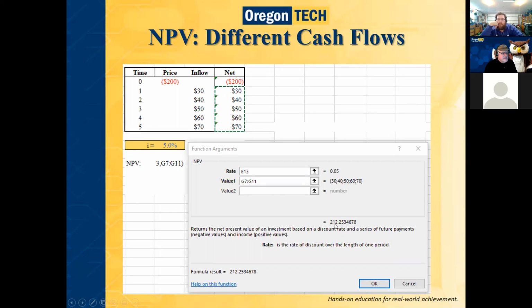And you can already see there, right there, it gives you a preview of numbers here. And it's a nice habit to get into when you're doing these formulas as you're creating them. It'll give you its estimate before you hit OK in this little writing here in formula result. It's a good way sometimes to look at it and do a quick reasonableness check before you hit OK to make sure you haven't forgotten something.